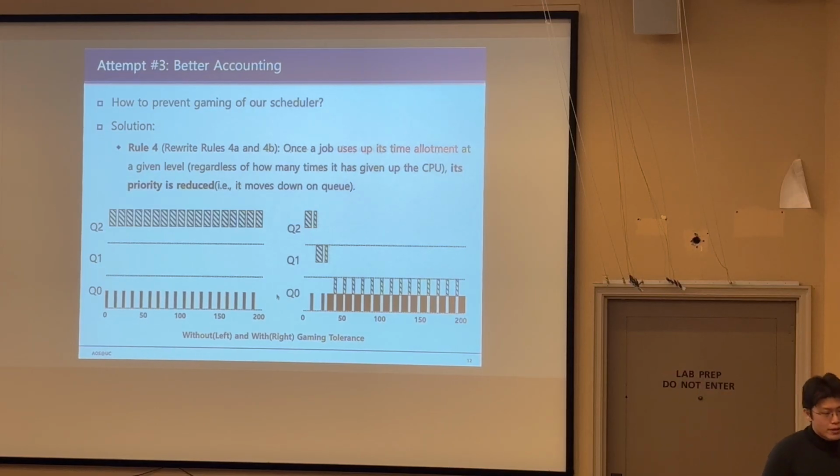Right. So, just to quickly reiterate what he said: on the left-hand side, using the old rules, this process is gaming the system by using 99% of the allocated CPU time slice and then giving up the CPU voluntarily. When it gives up the CPU voluntarily, it gets a refreshed time slice and its priority stays the same.